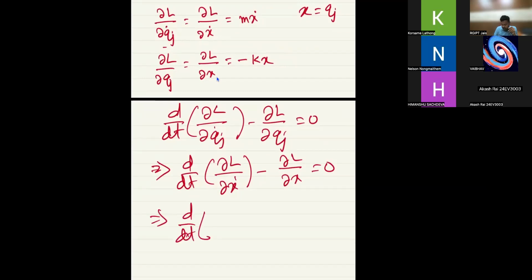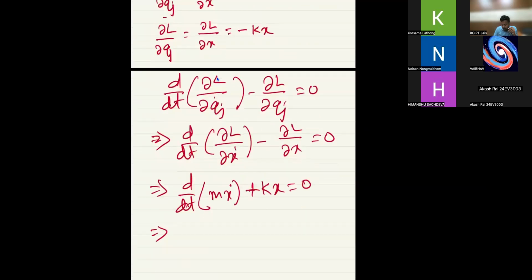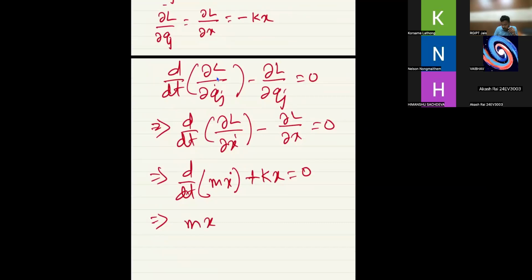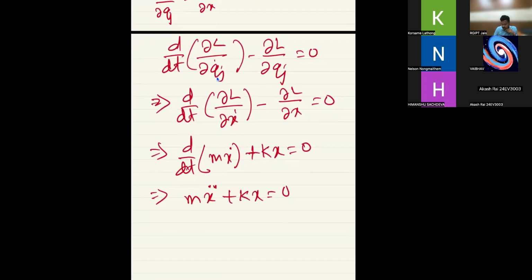That is basically m x dot, minus del L del x, which is basically minus kx, so plus kx. This is equal to 0. So what we get from here? m x double dot plus kx equal to 0, right? Or you can write m d2x dt2 plus kx equal to 0.